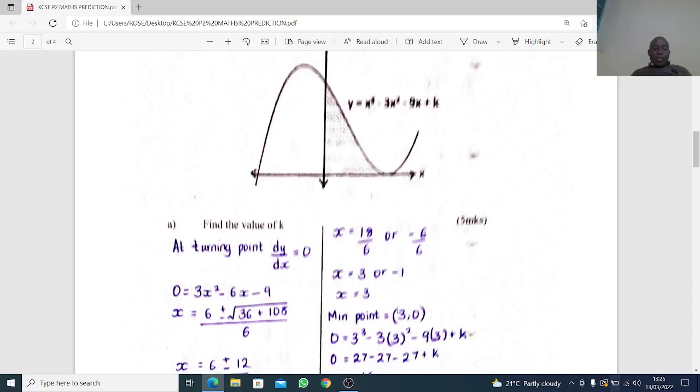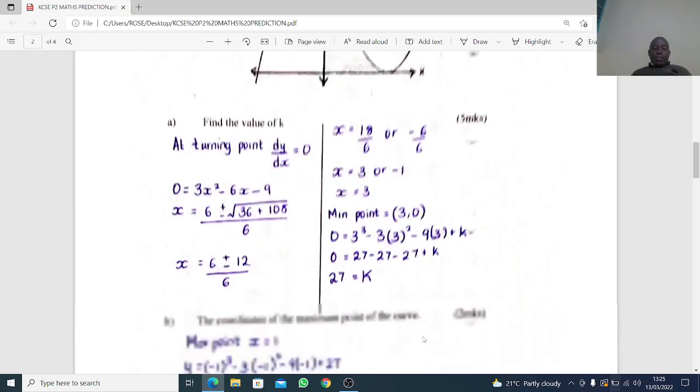So 0 equals 3 cubed, minus 3 times 3 squared, minus 9 times 3, plus k. So 0 equals 27, minus 27, minus 27, plus k.